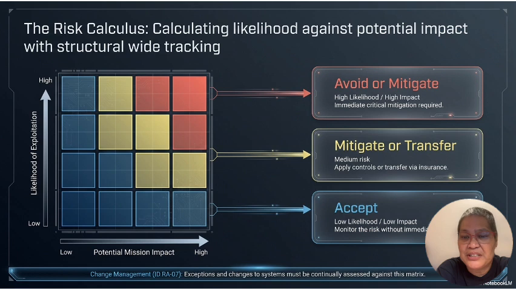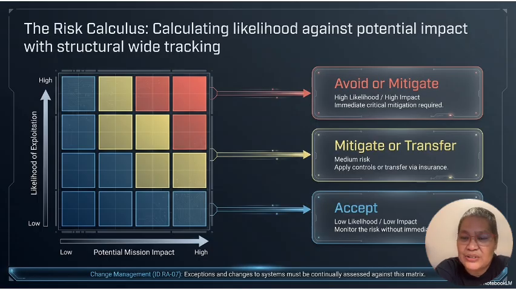So we must immediately either not use that information, which is called avoid, or we put a control, mitigate, right? So that means everything that's so important and has a high inherent risk, we need to determine what we're going to do with it.